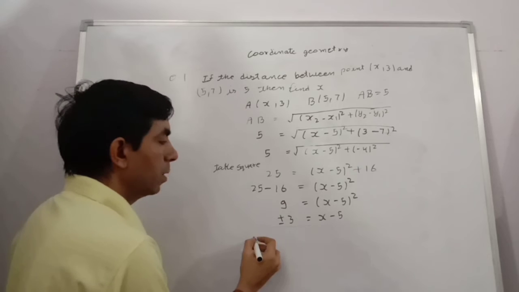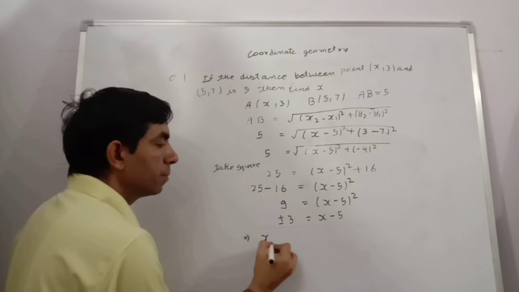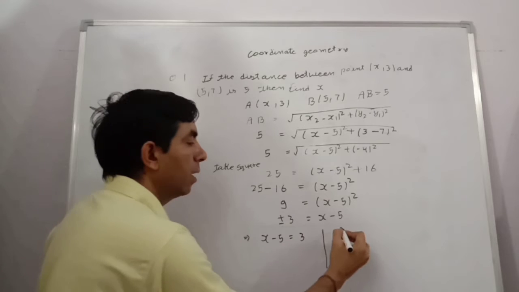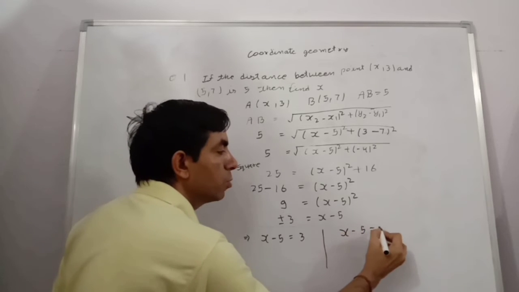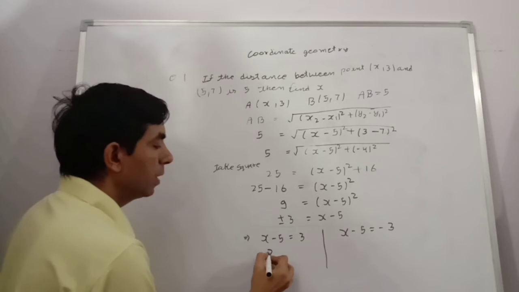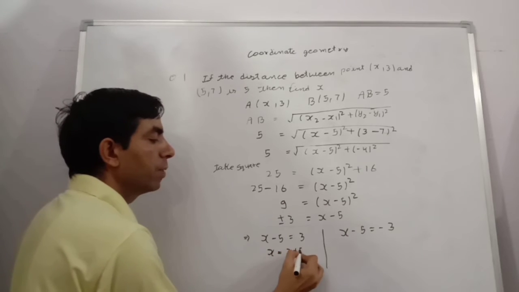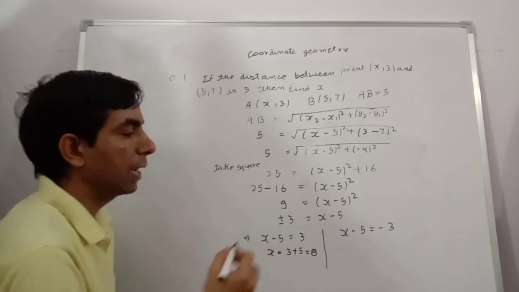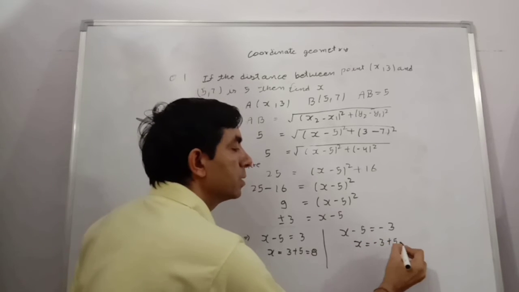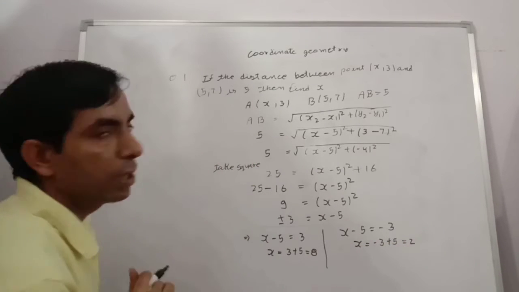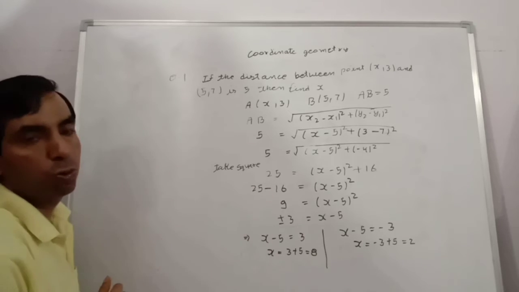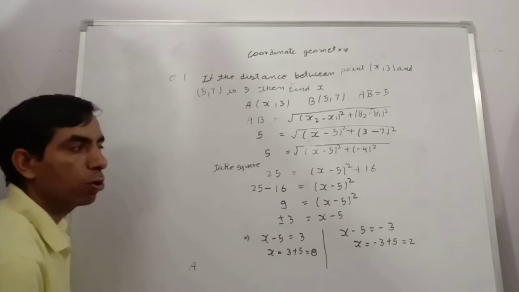Then x minus 5 equals 3 and x minus 5 equals minus 3. We take minus 5 to the other side. By that, x equals 3 plus 5, which is 8. Second, x equals minus 3 plus 5, which means 2.